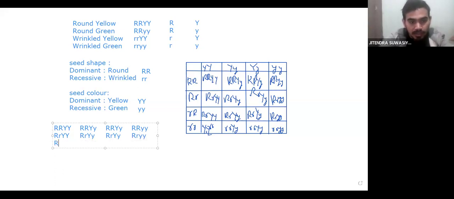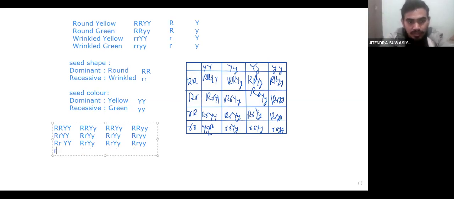Again, capital R, small r, capital R, small r, capital Y, capital Y. Okay. Then capital R, small r, capital Y, small y, capital R, small r, capital Y, small y, capital R, small r, small y, small y. Okay.